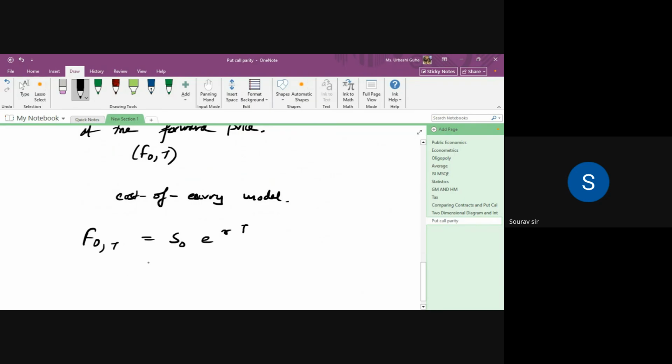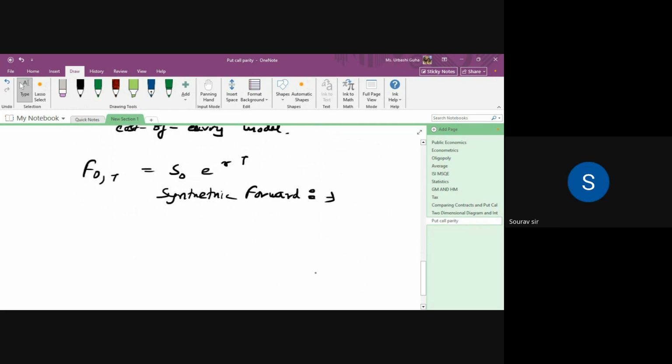Now what is this formula for? This is for the actual forward. You agree today to buy the asset in the future at the forward price. This is what an actual forward is.